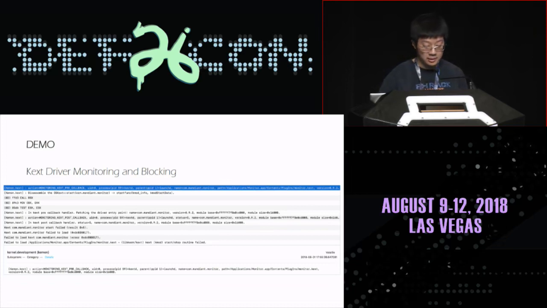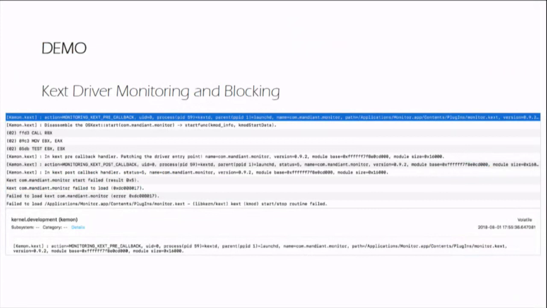In the pre-callback handler here, I'm using a disassembler to search for the entry point of the target driver, and I can patch the driver entry point. So, as can be seen here, the driver failed to load. And in the post-callback handler, I can reset the function's return value if needed.